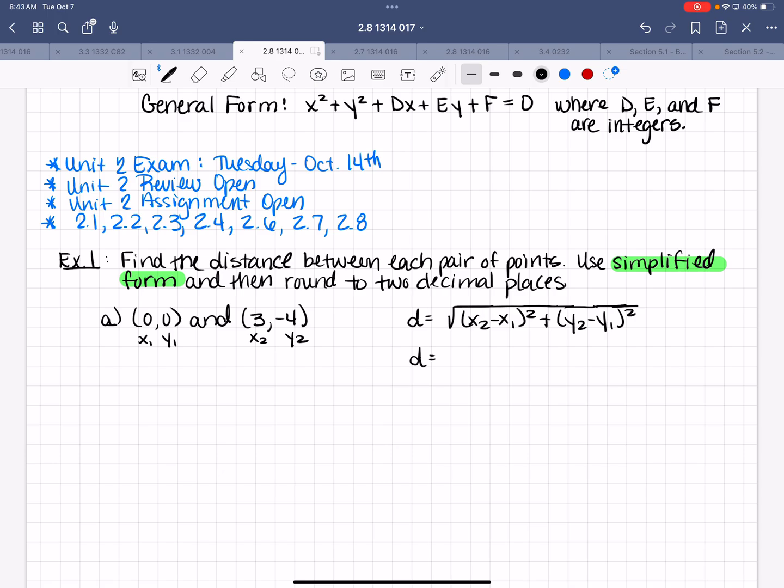So I've got D equals the square root of 3 minus 0 squared plus -4 minus 0 squared. That's going to give me the distance is equaling 9 plus 16. And D will equal the square root of 25. This one turned out nice. And we know that is 5.